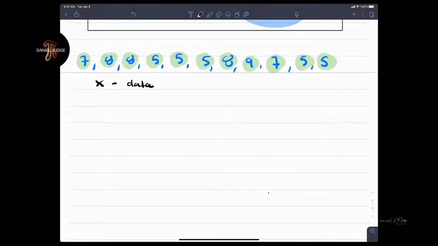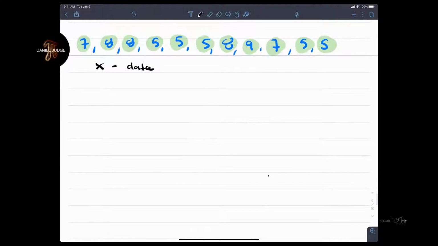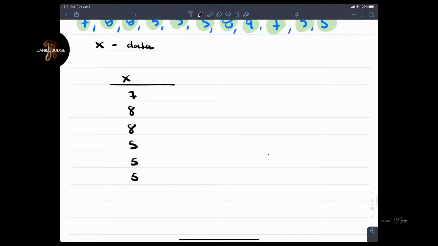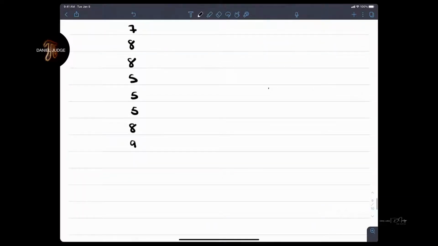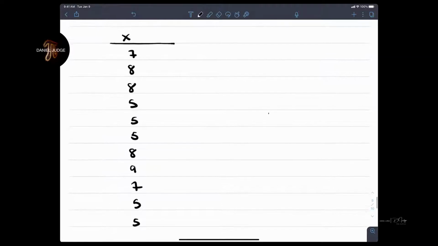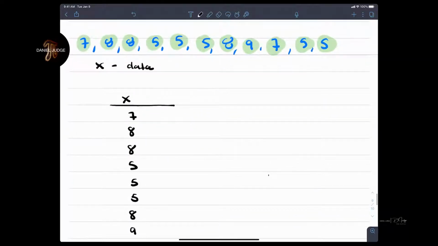And what I'll do here is I'll create a next column here: 7, 8, 8, 5, 5, 5, 8, 9, 7, and 2 5s here. Okay? Your data does not have to be in order, but that's the x column.